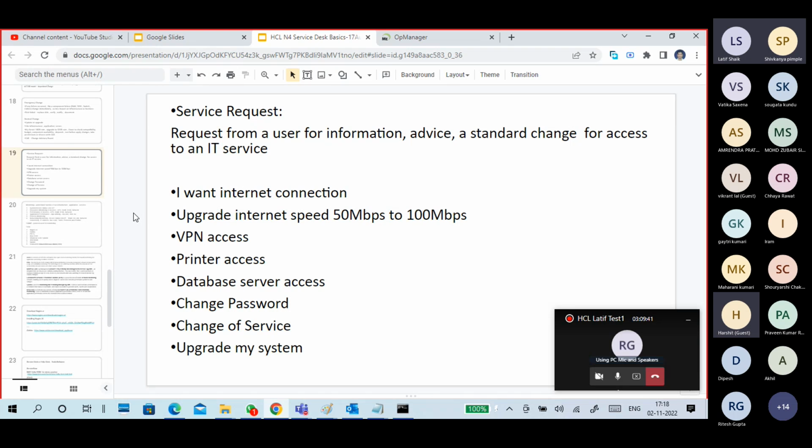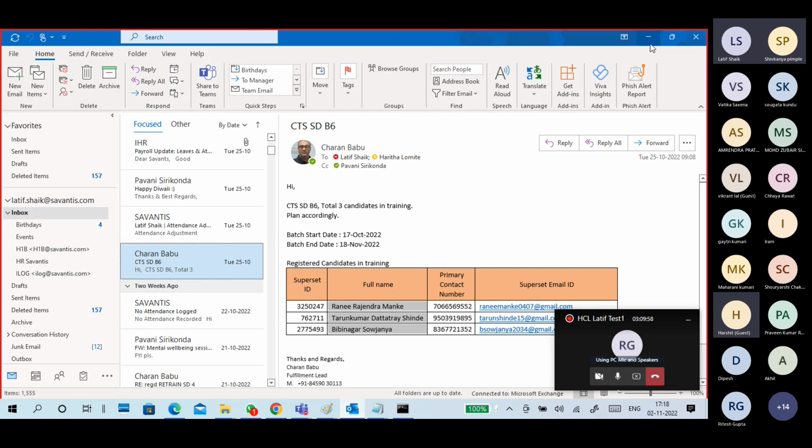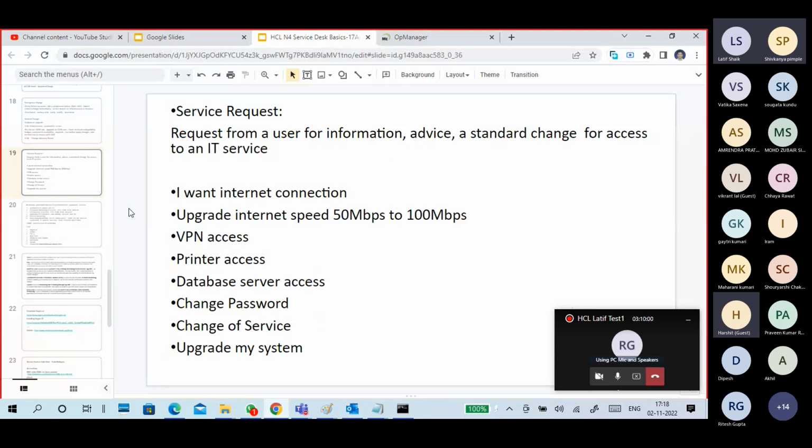I want database server access. I want to change my password. I forgot my password, please change my password. Today morning I tried to log into my mail account, it's not logging in, I forgot my password. Please give me a new password.